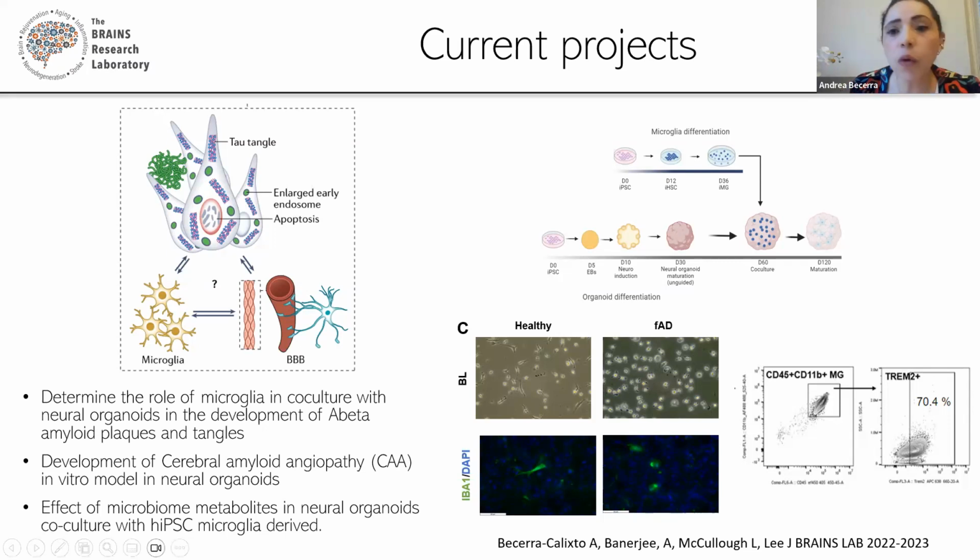After 60 days, we culture these organoids with microglia from the same patient, and we let them mature so that microglia can interact with astrocytes and neurons. We are evaluating, using single-cell transcriptomics and flow cytometry, the role of microglia in the production of tangles and A beta amyloid, and what proteins are involved, to look for targets for future therapies.